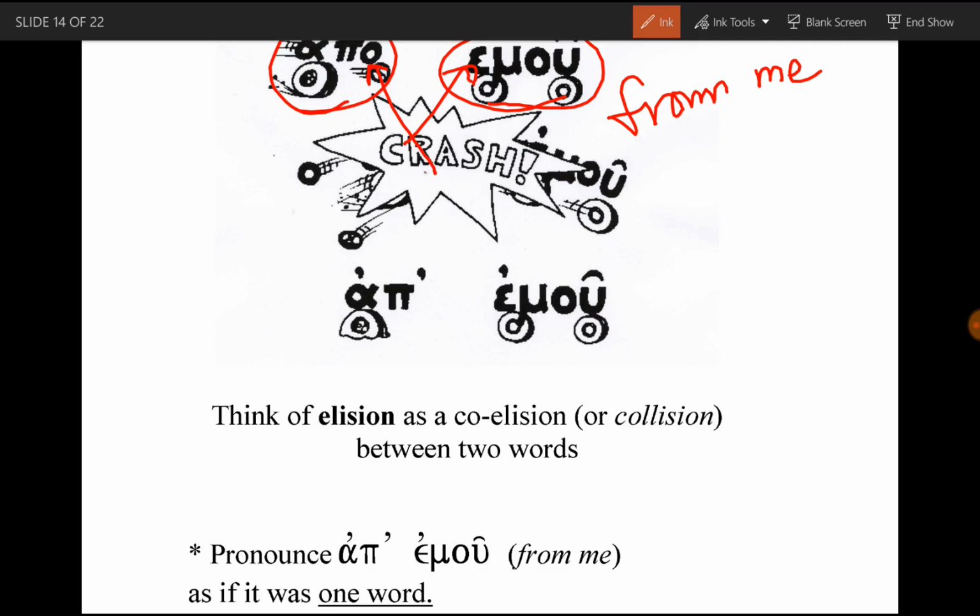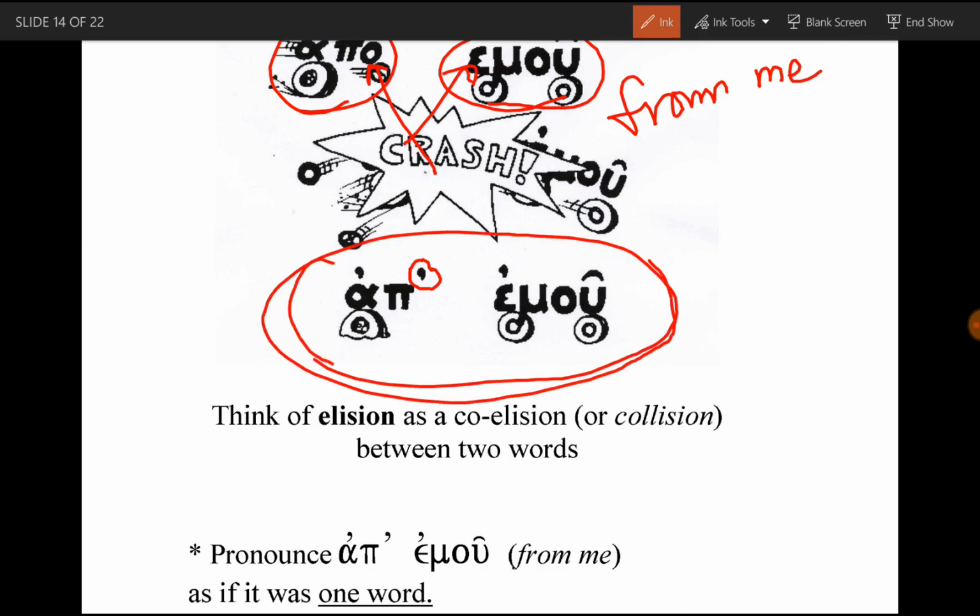So instead of saying apo emou, the omicron actually drops out and is replaced by this apostrophe. And this apostrophe signals that there has been a drop in the letter. And together you would read this as ap'emou. So you could read this as if it was one word. There are two words, but with the dropping out of the omicron, it really reads very smoothly as ap'emou, rather than separate words up here, apo and emou.